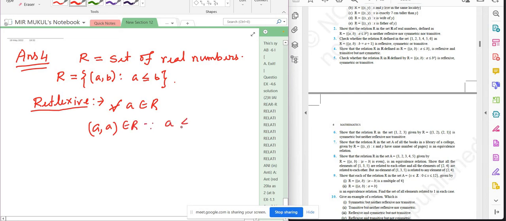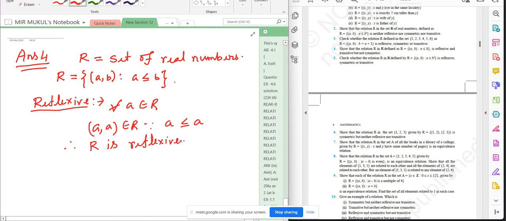Because a is equal to a. Either less or equal, if any one is satisfied, that condition is satisfied. So (a, a) belongs to R for all real numbers. Therefore, R is reflexive.